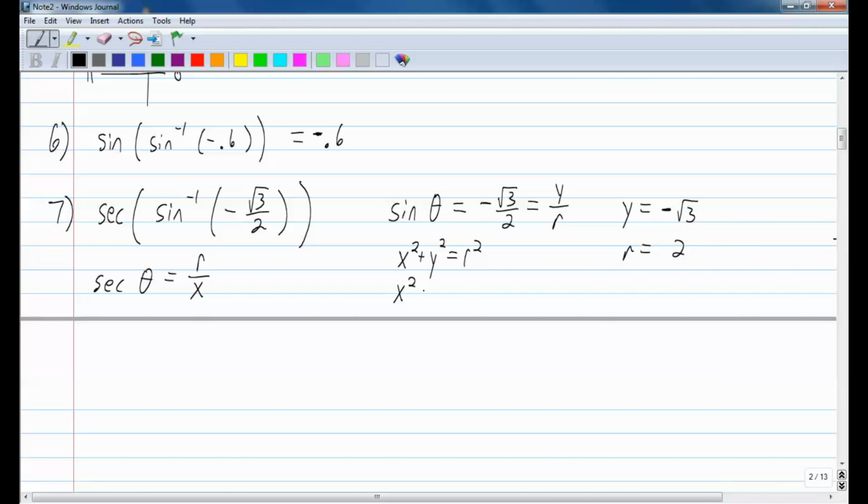So I'll have x squared plus negative square root of 3 squared equals 2 squared. So x squared plus 3 equals 4.